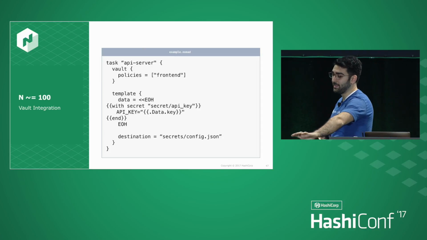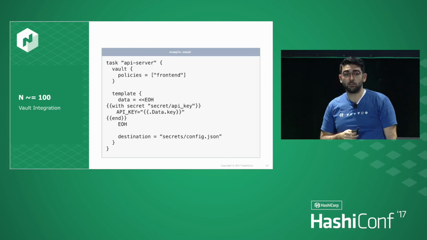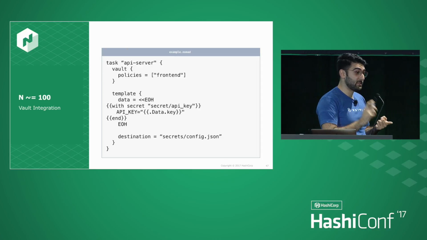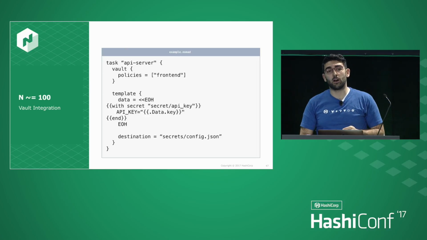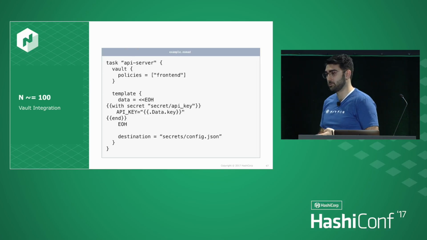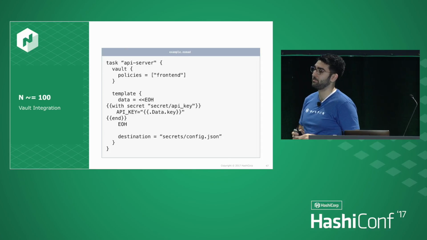And so with that simple block of code, the application gets a Vault token. It's securely introduced. It's renewed automatically for it. Nomad handles reading and renewing the secrets from Vault, and all they do is read a file.